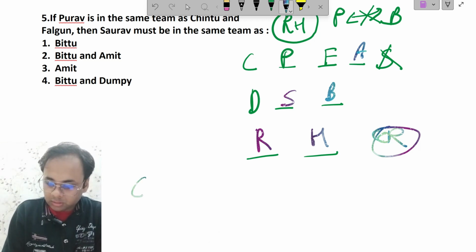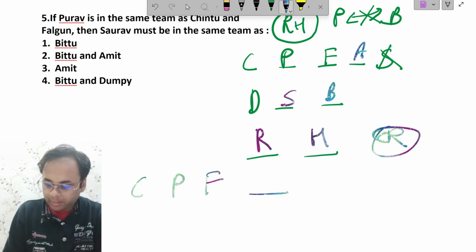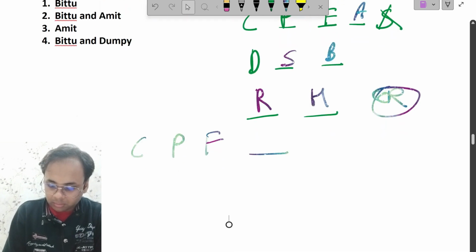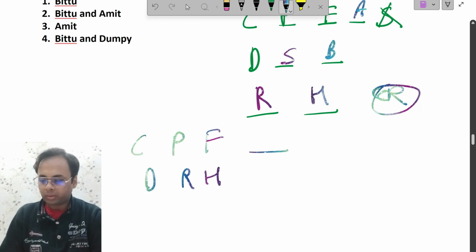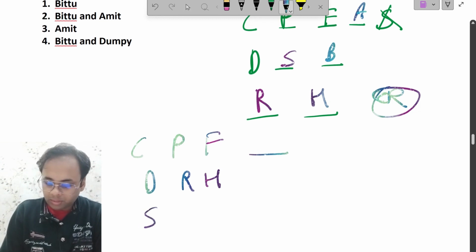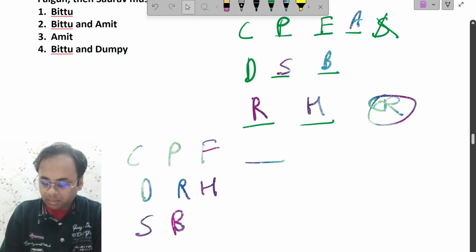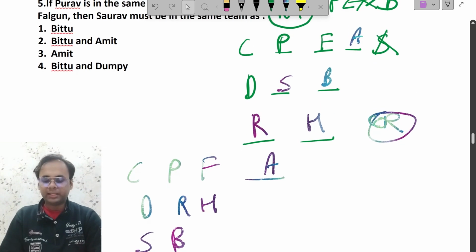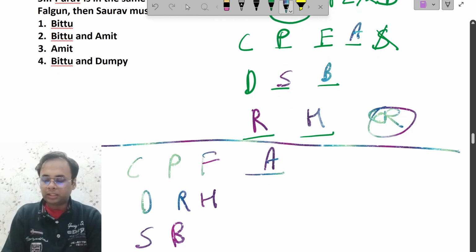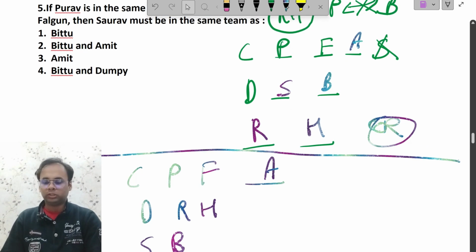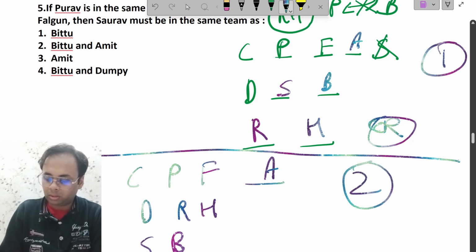Then the combination will be C, P, F, with R and H going in the three member team, which will have D, R and H. The remaining ones will be S, and here B will be coming because P and B cannot be in the same team, and only A is remaining. So A comes up here. So this is the second case that is possible. It depends on which team R and H go in. Two cases are possible, case number 1 and case number 2.